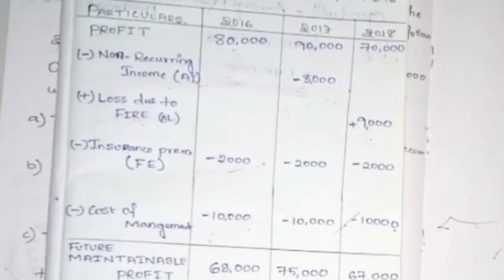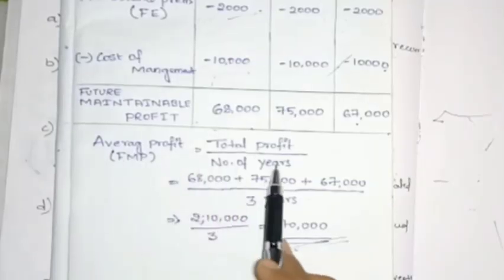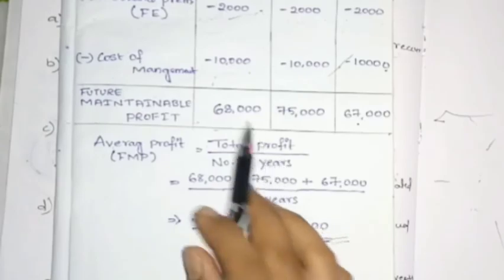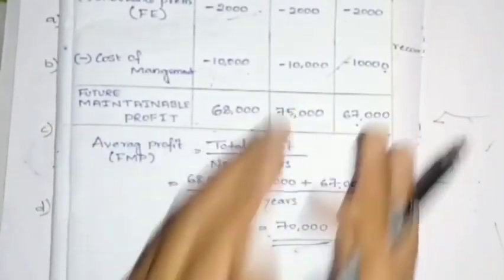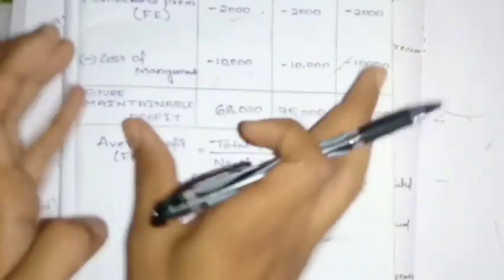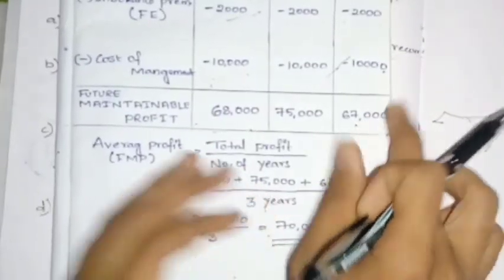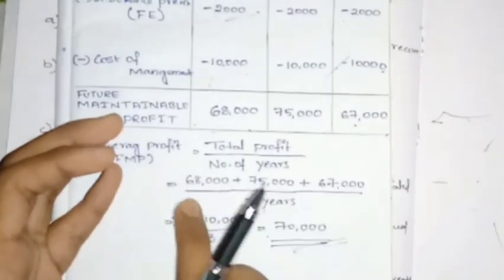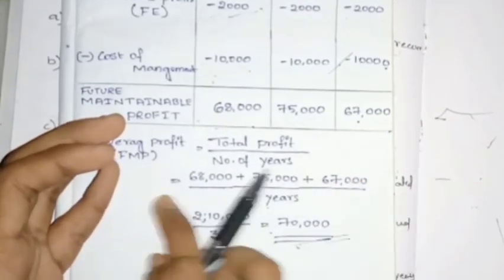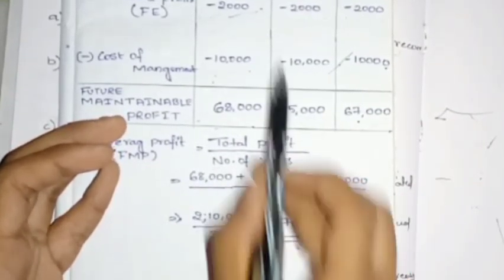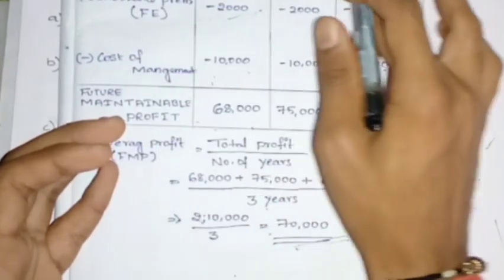Okay, so now let's calculate the goodwill. Okay, so now average profit, this formula is very simple. That is, total profit divided by number of years. So your profits for 3 years are 68,000, 75,000 and 67,000. So we have to add all these and then divide by the number of years. How many years? 2016, 2017 and 2018.